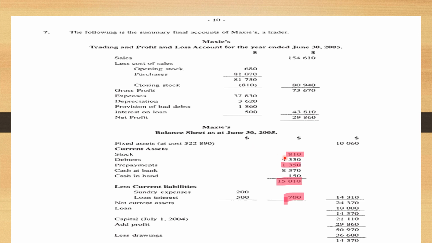We pull stocks, also called inventory, which is $810. We will pull prepayments, which is $1,350. We will pull the total for current assets, also $15,010. And of course, we will pull the current liabilities, which is $700.